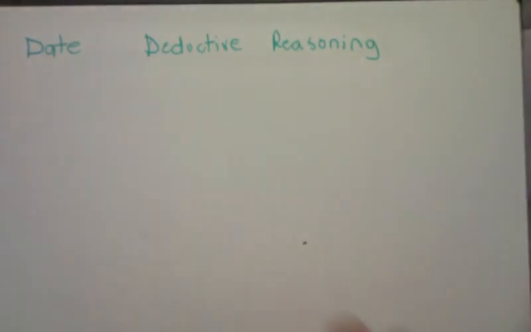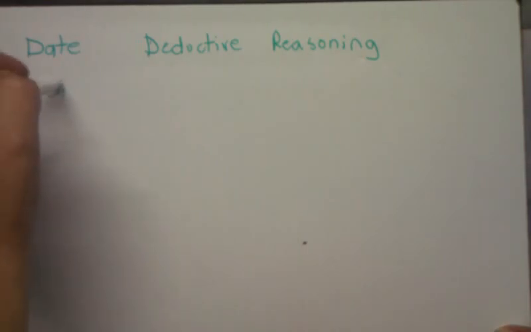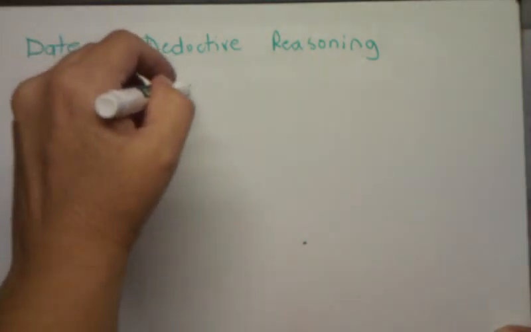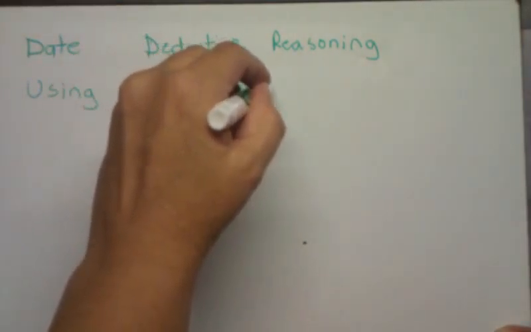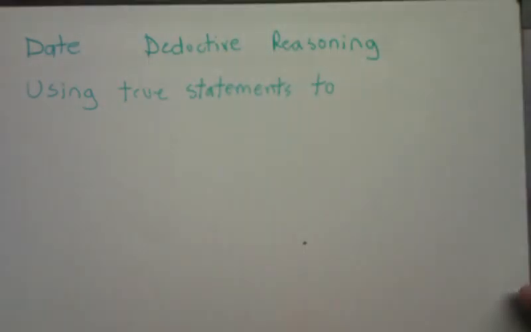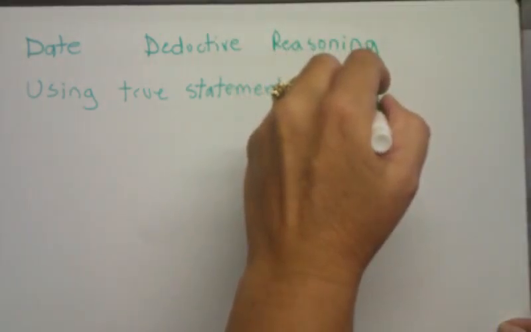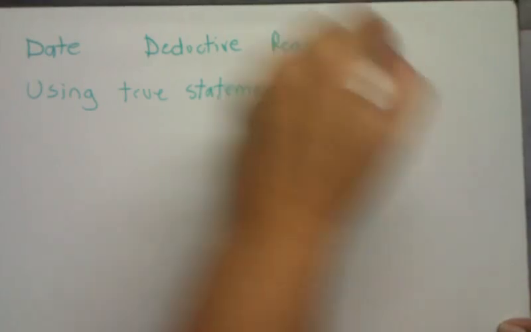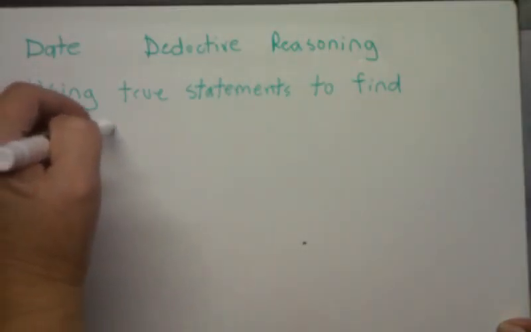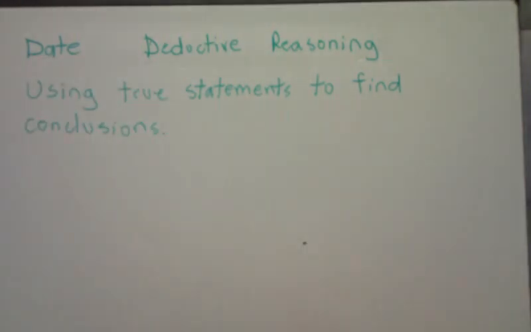So deductive reasoning is when we take true statements, using true statements to find conclusions. Okay?